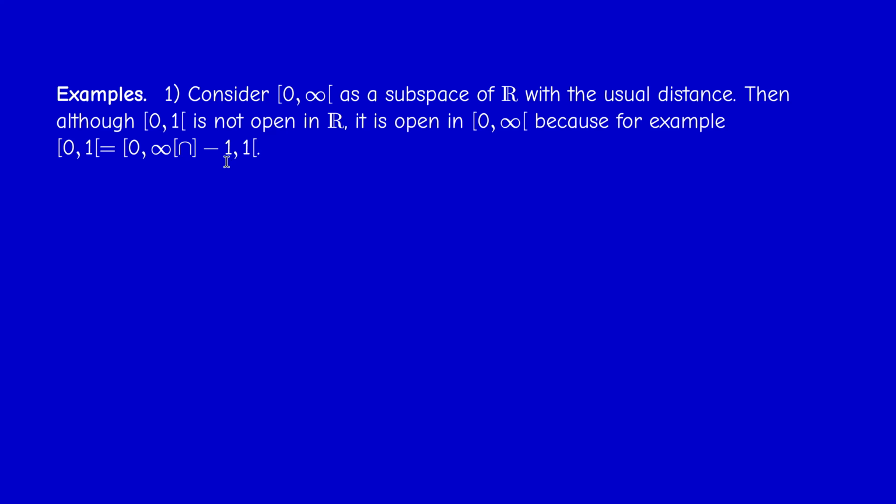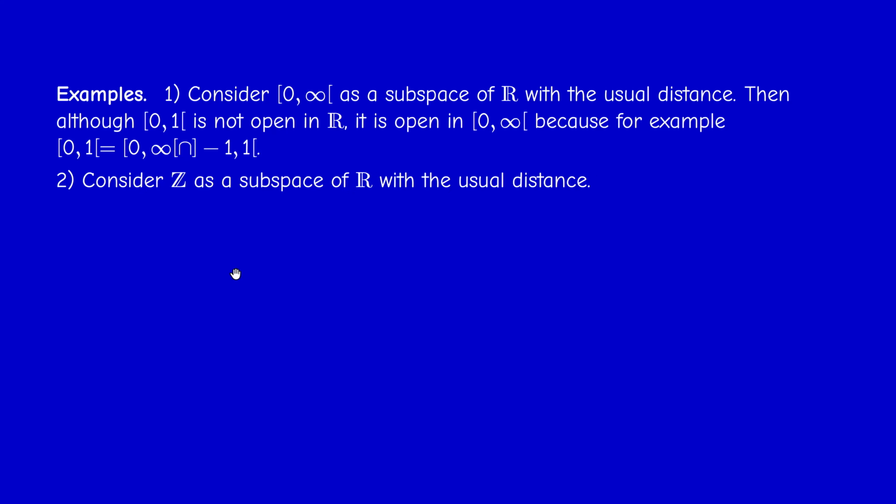And here we see that the set O is not unique, because we can write [0, 1) as [0, infinity) intersected, for example, with the interval (-1/2, 1), or (-1/3, 1). So it's not unique. It's very important to distinguish, when we talk about open sets, with respect to which topology or which subspace.